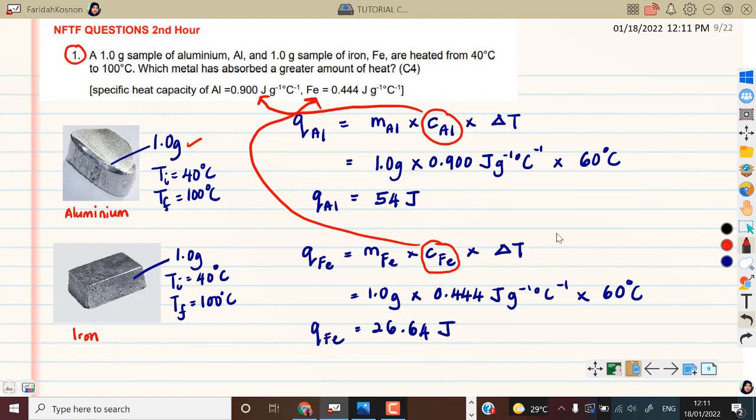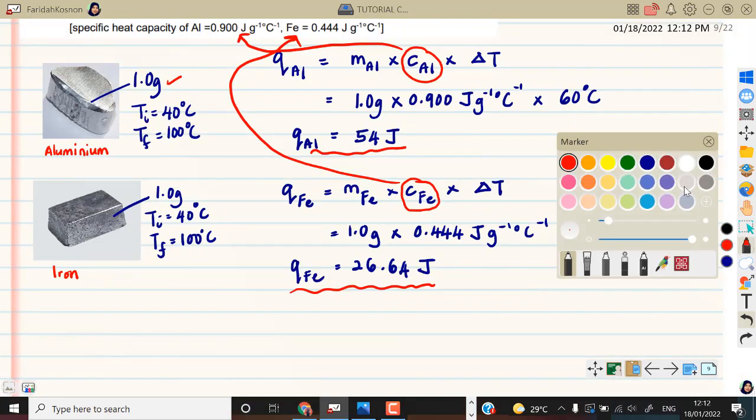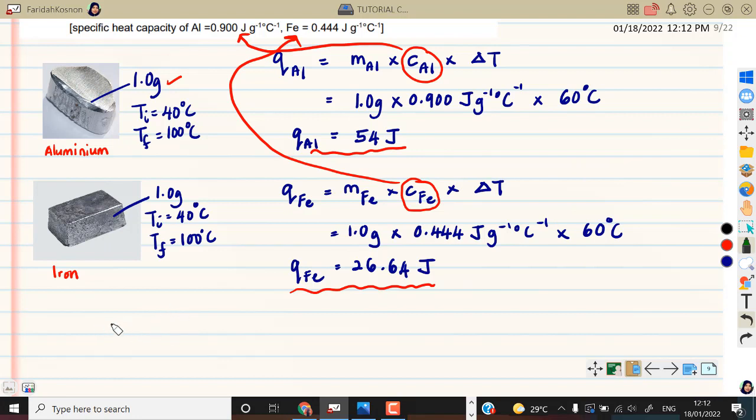By referring to the heat absorbed by aluminium and the heat absorbed by iron, we have to refer to the two values we calculated just now. We can see here which metal absorbs more heat. The question asks you to choose, so please write your answer. We can say here, aluminium metal absorbed more heat compared to iron. We cannot leave the answer with only the calculation. After calculating, we have to choose and state it in your answer.